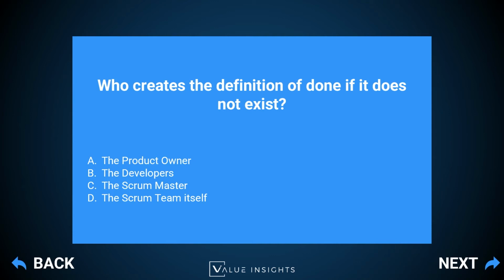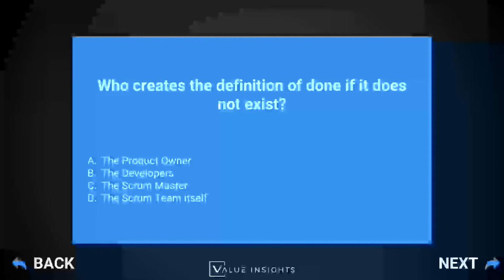We do not want only the developers or the product owner or the Scrum Master to decide on the definition of done. It's a common exercise because you want to bring different perspectives in the creation of the definition of done, so that we have a shared understanding between all the members of the Scrum team of what done means.